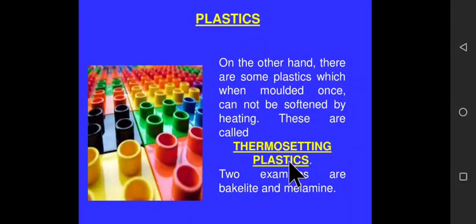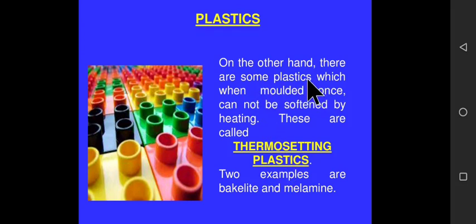Now the next type of plastic on the basis of the reaction to heat is thermosetting plastic. So what is thermosetting plastic? It is a plastic that, molded once, cannot be softened on heating. These types of plastics are known as thermosetting plastic, and they actually decompose when they are reheated.